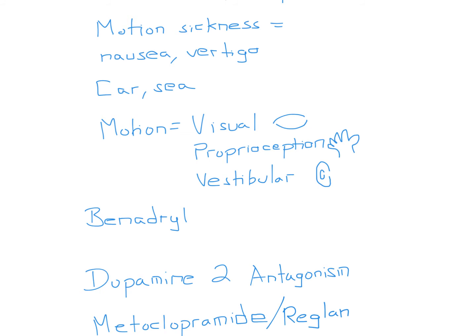These otoliths are little stones in your ear that when they move around, they send signals to your brain, and they also help orient you to acceleration, deceleration, and relative motion. Motion is determined by all of these, and for some people, you can have dysfunction of that. And that's where motion sickness comes in.